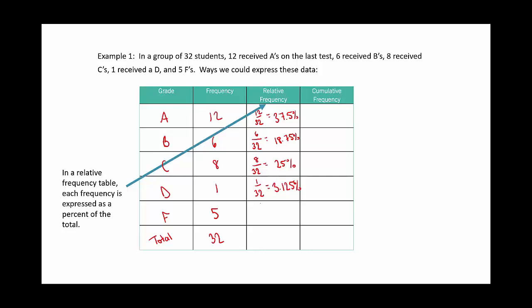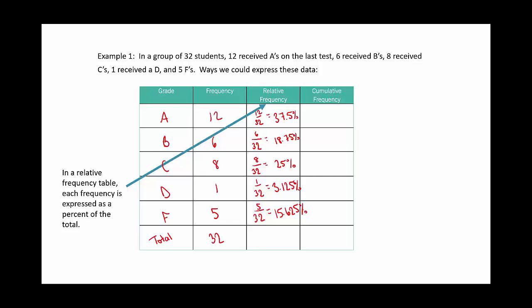And then lastly, we have 5 out of 32, and converting that into a percent, we get 15.625%.